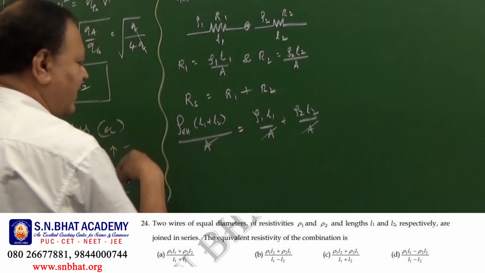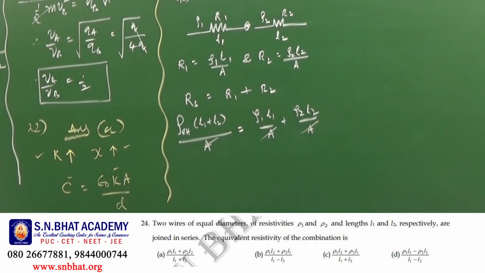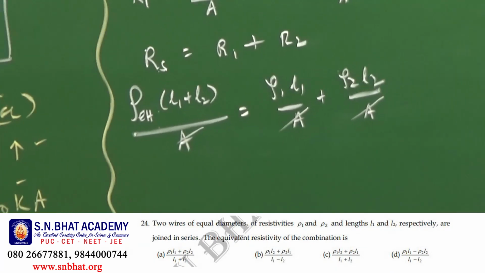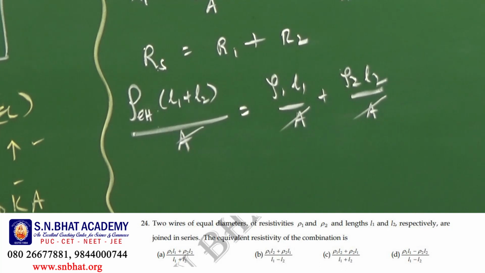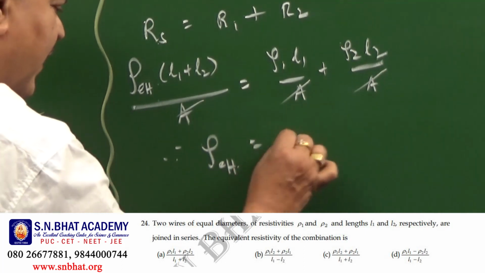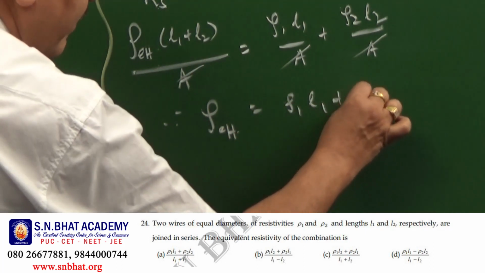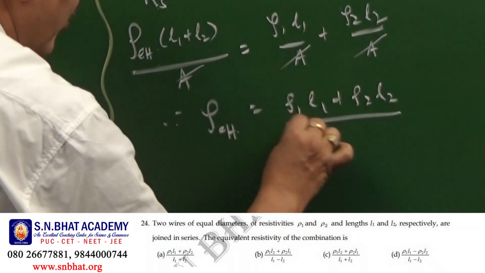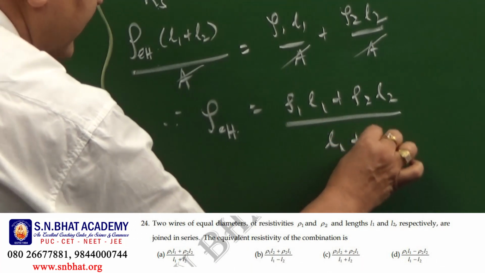Cancel A everywhere. Now look at what effective value you are left with. Therefore your rho effective is given by the formula: rho 1 L1 plus rho 2 L2 whole divided by L1 plus L2.